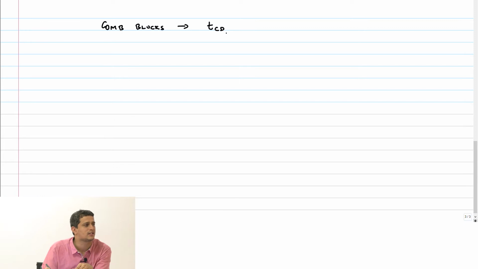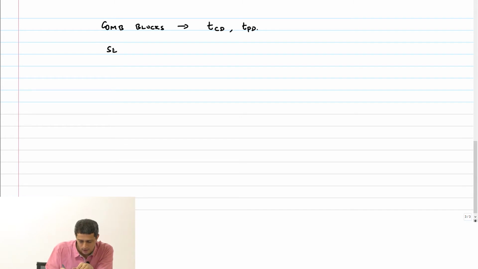So right now, what we have is, we have combinational blocks that have a delay TCD, that is contamination delay, right, and a propagation delay, right? We can characterize this and figure out what the two delays are, right?